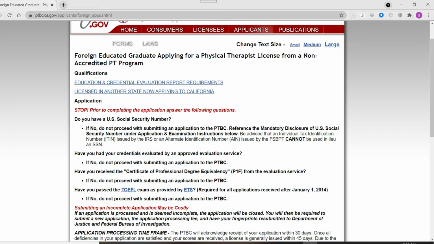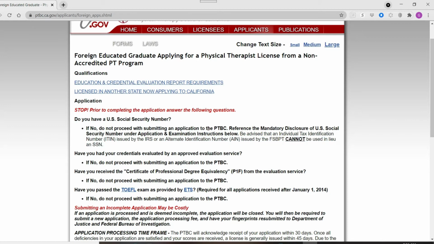Prior to completing the application, answer the following questions. Do you have a US Social Security number? If no, do not proceed with submitting an application to the PTBC. Be advised that an individual taxpayer identification number or ITIN issued by the IRS, or the alternate identification number issued by FSBPT, cannot be used in lieu of an SSN.